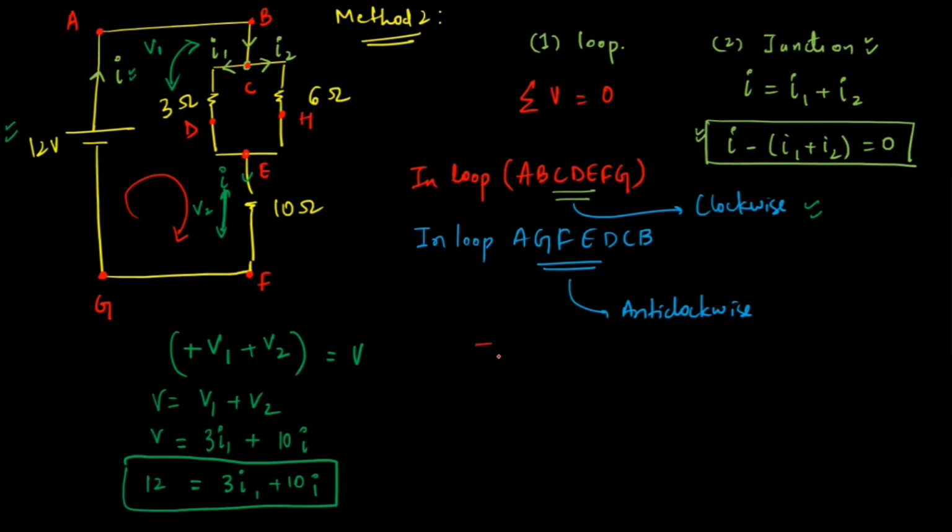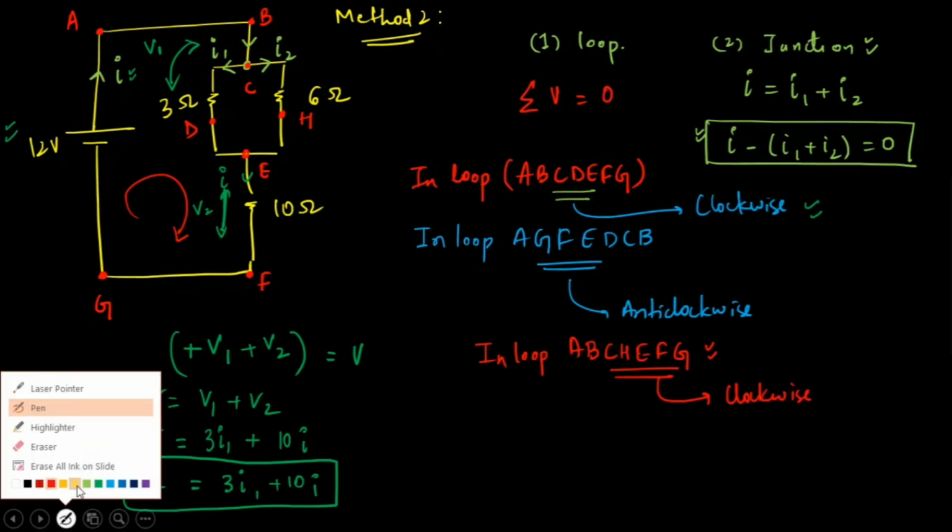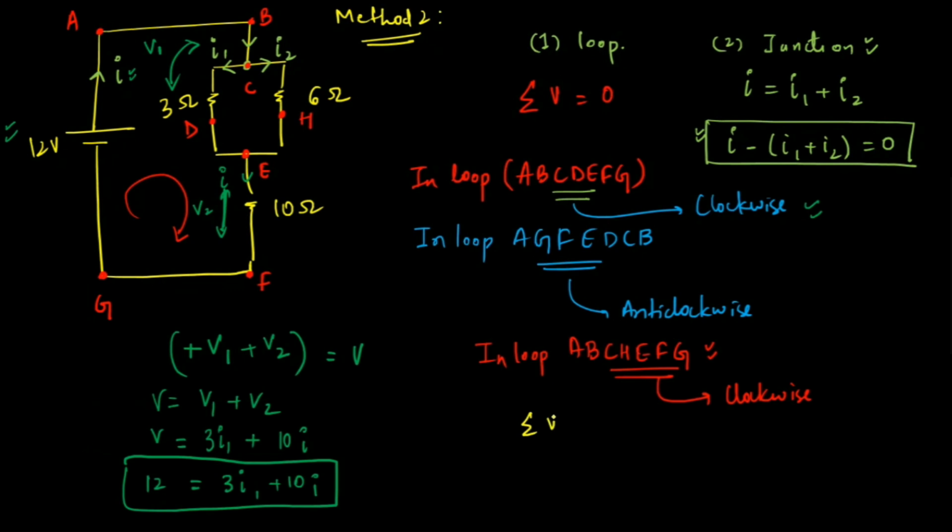Similarly, if I take a different loop, A, D, C, H, E, F, G, this one. In this loop, again, the direction is defined. I'm taking a clockwise direction, so I'll be reading the circuit in a clockwise sense. As per the rule, the sum of all the potentials must be equal to 0. Now try to understand this once again. I'm taking the loop ABC.